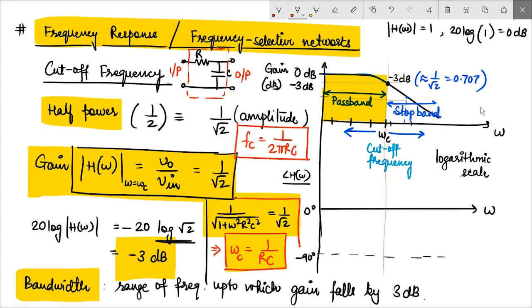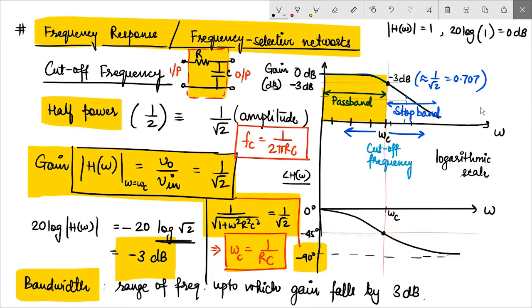The angle was minus tan inverse omega RC. So when you plug in omega equal to 1 upon RC, you get minus tan inverse of 1, that is minus 45 degrees. As frequency increases, the phase shift between input and output goes on increasing, and the maximum phase shift that you can have is minus 90 degrees. So one such network can give us a maximum phase shift of minus 90 degrees.